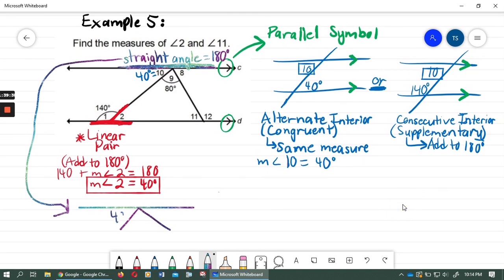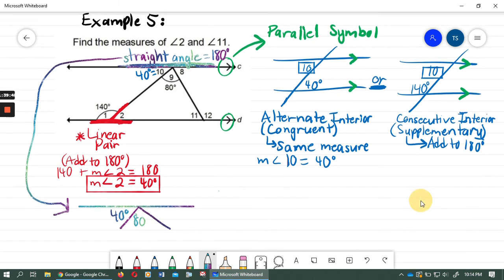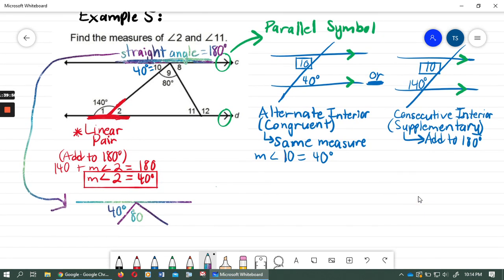So this angle here is 40 degrees, this angle is 80 degrees, and the whole thing is supposed to be 180 degrees, because it's a straight angle.